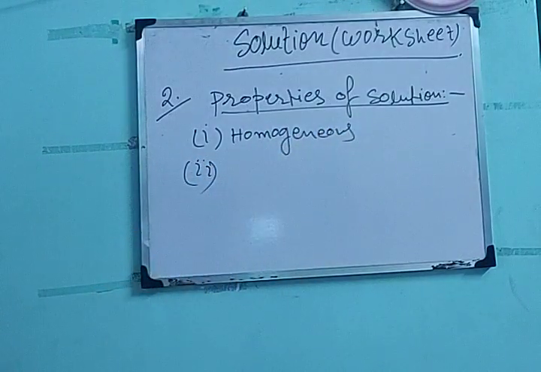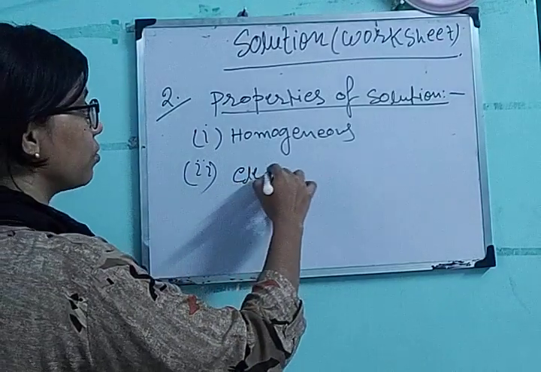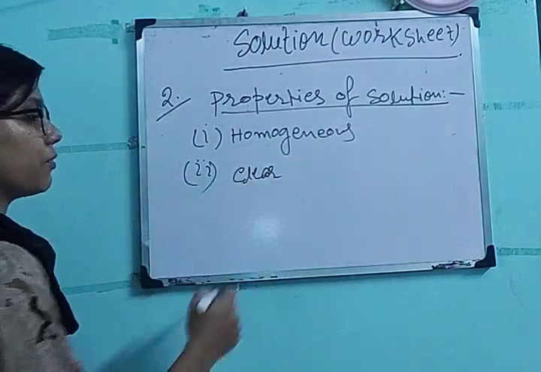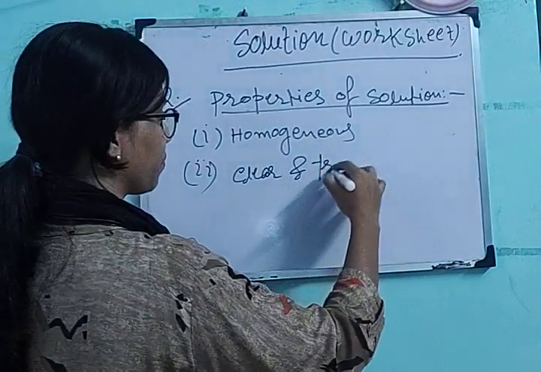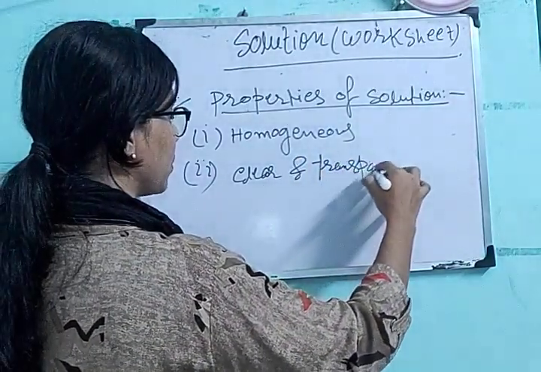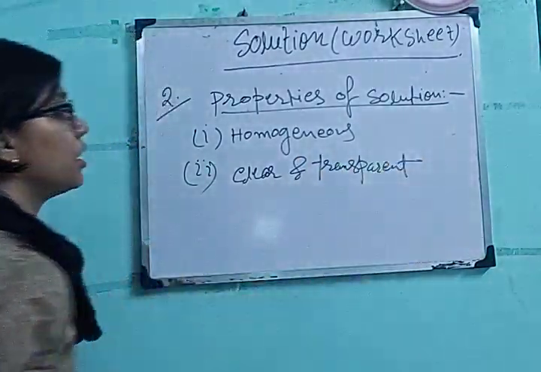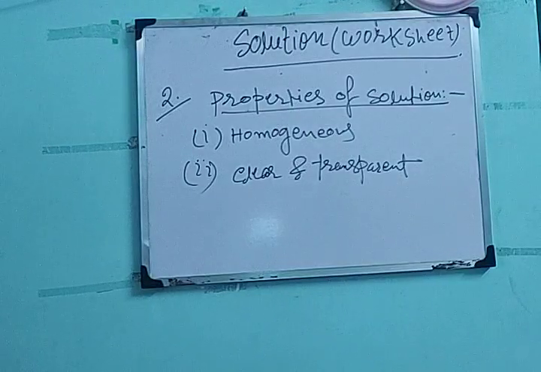Second, it will be clear and transparent. A true, perfect solution will be clear and transparent. If the solution is not clear and transparent, then we cannot term it a perfect solution, otherwise it will fall under the category of suspension or colloid.